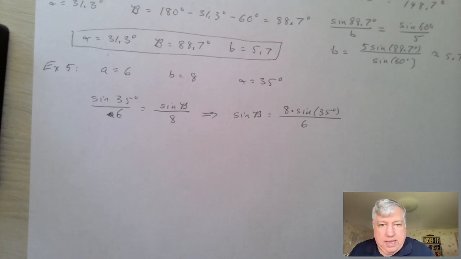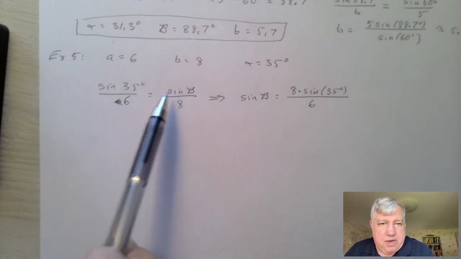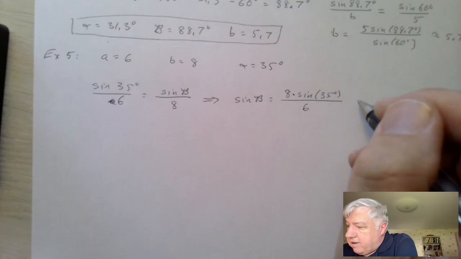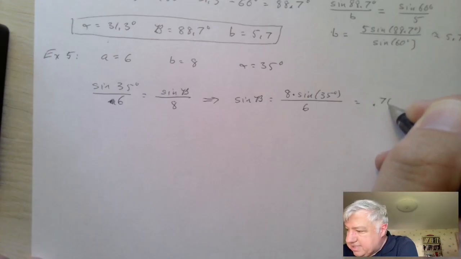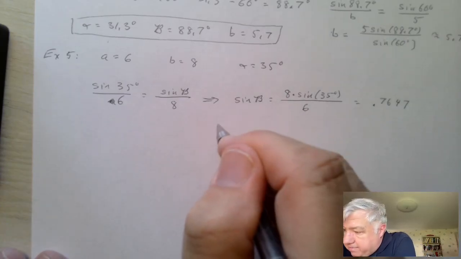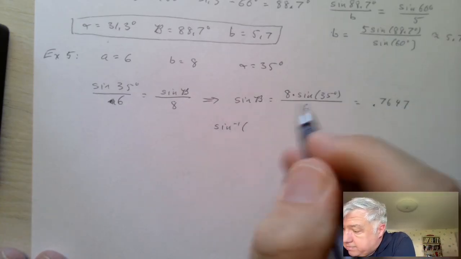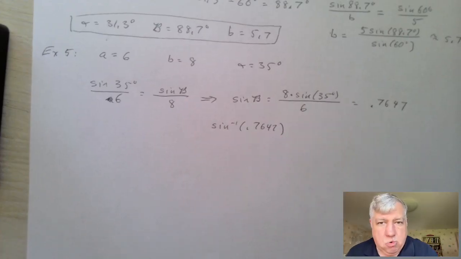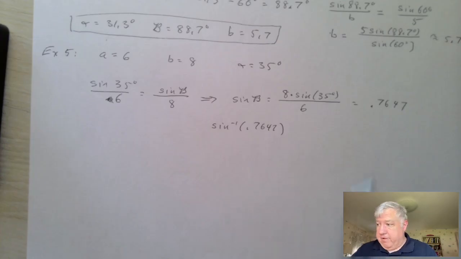I won't write this intermediate step because I know you're capable of cross multiplying and then dividing by 6. Then we compute this on our calculator, and this is going to be 0.7647. So once again, we take the inverse sine of that. It's probably a good idea to take even more digits than that, because usually in your calculator you can go directly from here to here, just take the inverse sine of answer, so you have more accuracy that way.